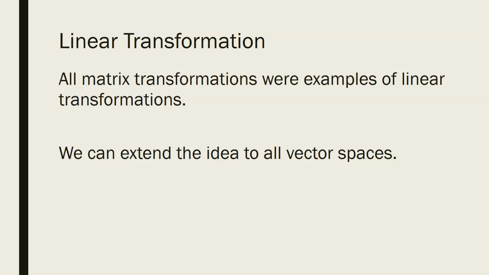We want to do this now because, as we saw, any linear transformation from Rm to Rn can be represented by a matrix. But we want to expand the idea of linear transformations to be applied to any vector space.